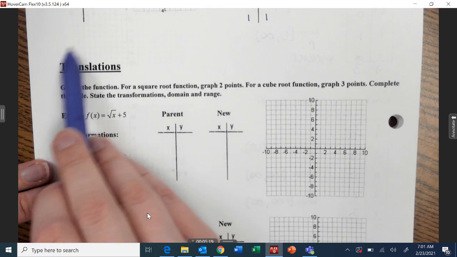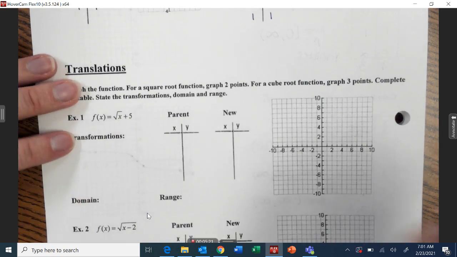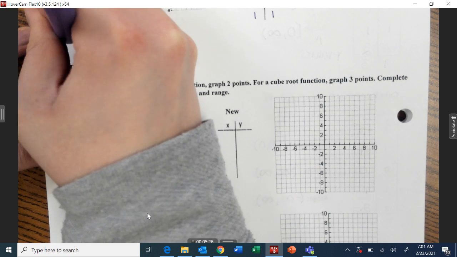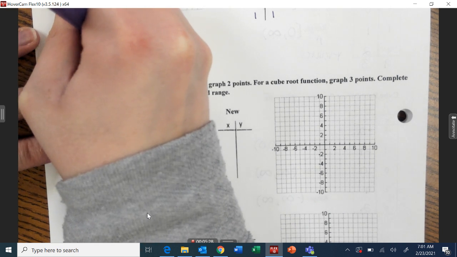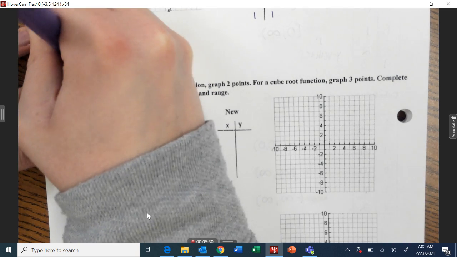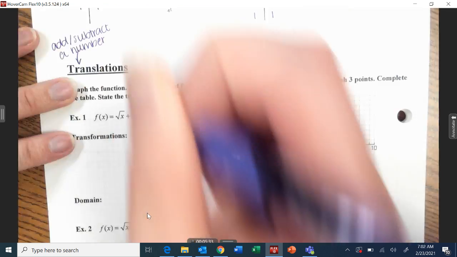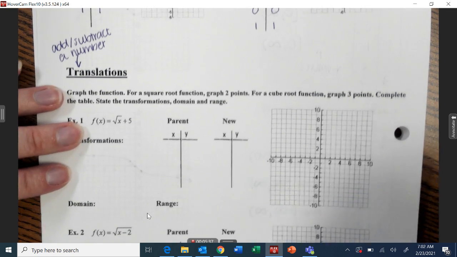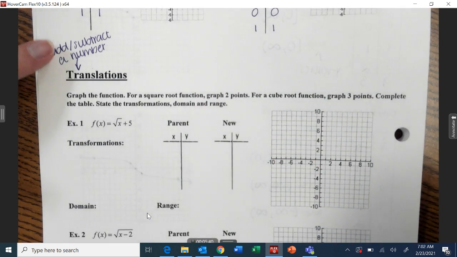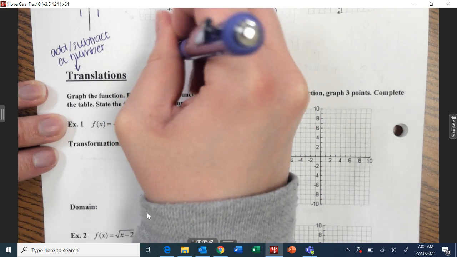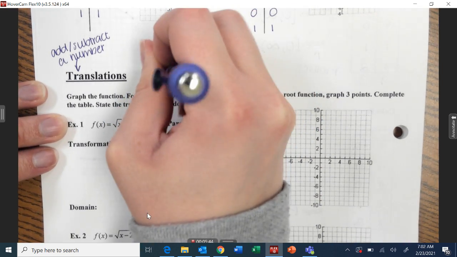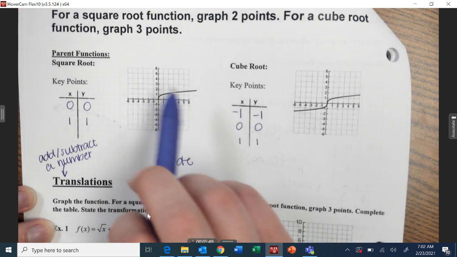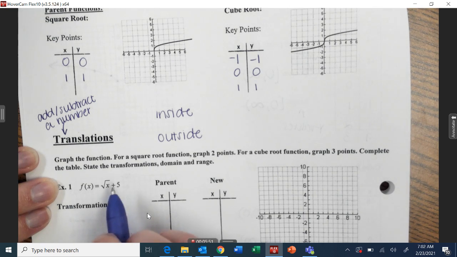We're going to start by talking about translating. If you remember, translations are when you add or subtract a number. And think back to the beginning of the year. There were 3 questions that we asked ourselves. The first one we asked was, is the number inside or outside? In this case, inside is going to mean underneath the square root or the cube root.